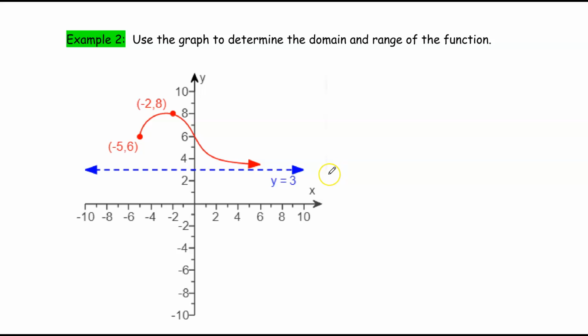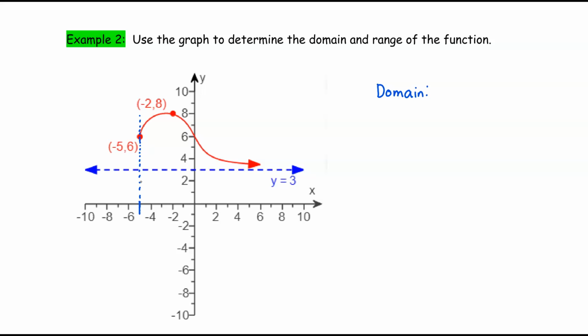Now in the example here, we use the graph to determine the domain and range of the function. So again, when you say domain, that is the set of all input values or the x values. Then it could help if we draw a line through this point, that's the starting point.